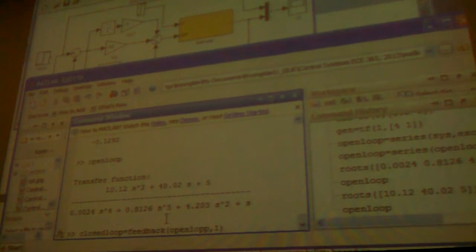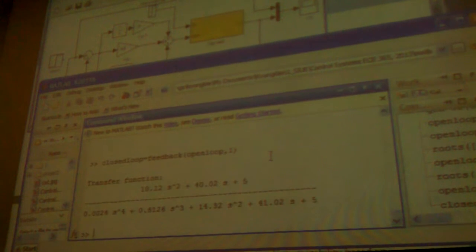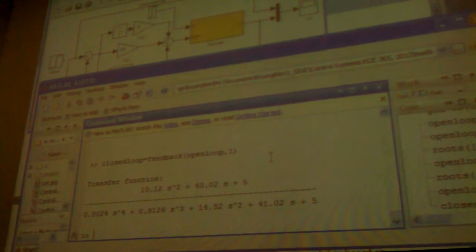Got it? So this is a closed loop system.